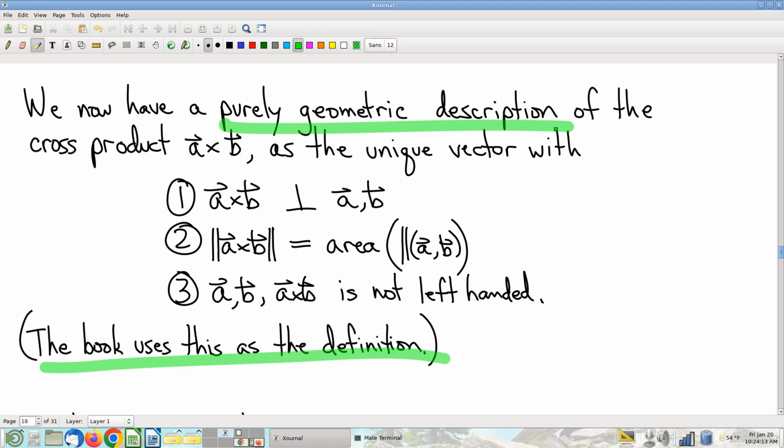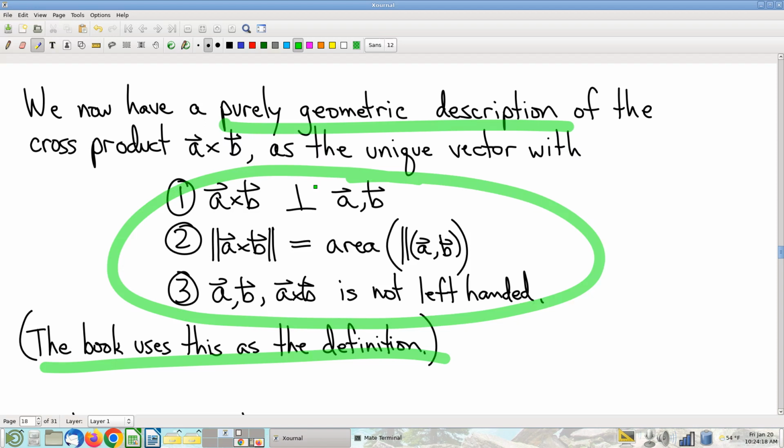They say, let's define the cross product to be the unique vector that has these properties we've already talked about. Purely geometric. They're talking about perpendicular, they're talking about area, they're talking about handedness. All geometry, right? And based on this purely geometric description, they effectively work backwards and come up with the formula. They derive the formula as a result.